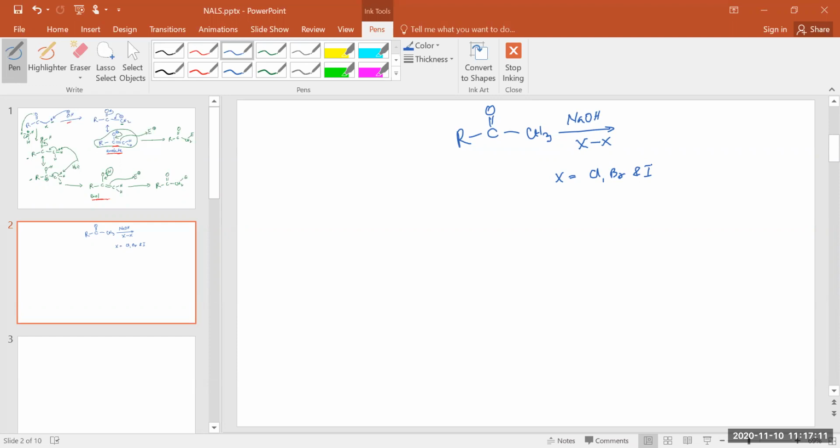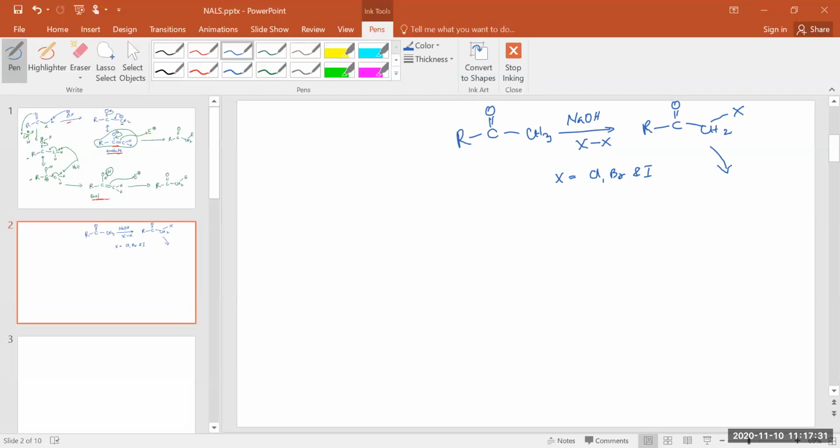So first it will make an enolate, and this will be replaced by the electrophile X. Here the sodium hydroxide, the base, behaves as a catalyst.